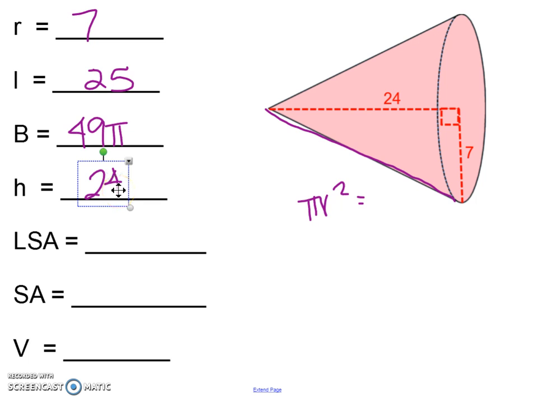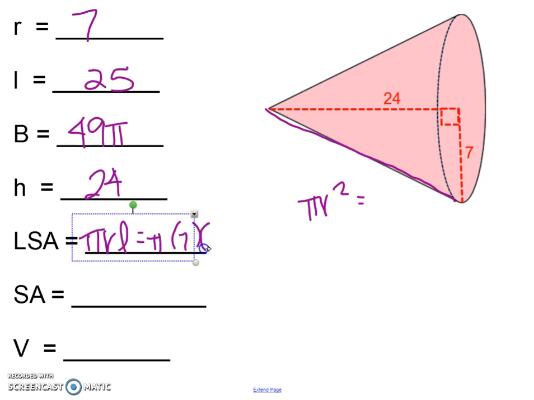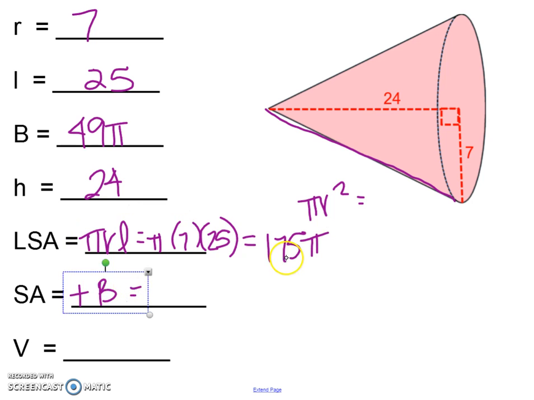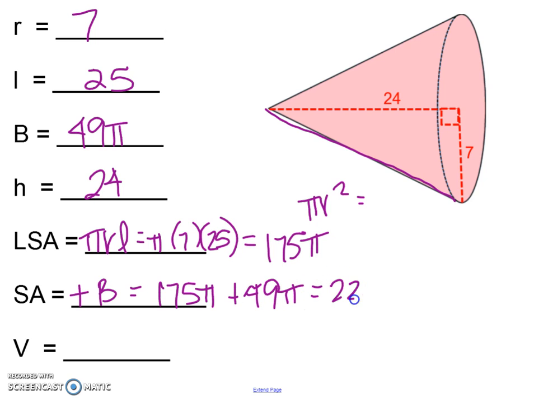With your formula chart, the lateral surface area of a cone is pi r L. So you just take pi times 7 times 25, which is 175 pi. Total surface area, we add 175 pi plus 49 pi, which is 224 pi.